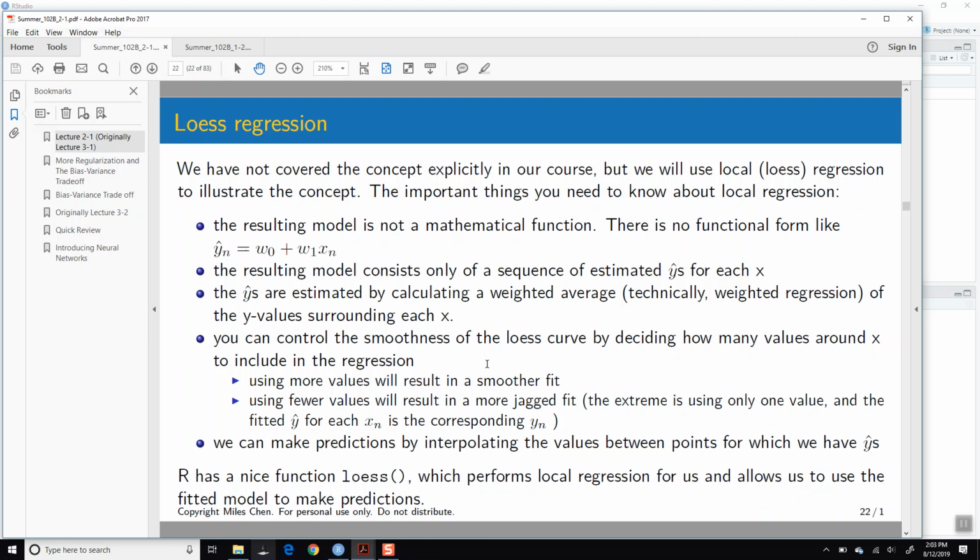Okay. So local regression, are you guys familiar with like a moving average? So in a moving average, you just kind of take the last 7 days and you average them, and you take the next 7 days and you average them, and you kind of do something like that. It's kind of like moving average regression.